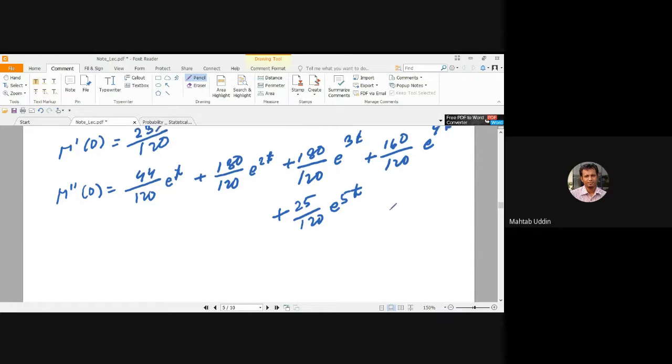Then once again, if you put t equal to 0, the exponential part will be 1. Then M''(0) will be 589 by 120.